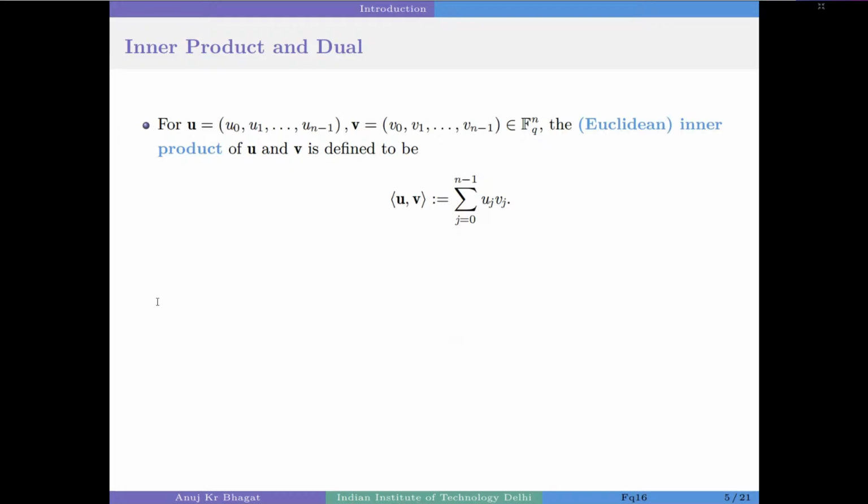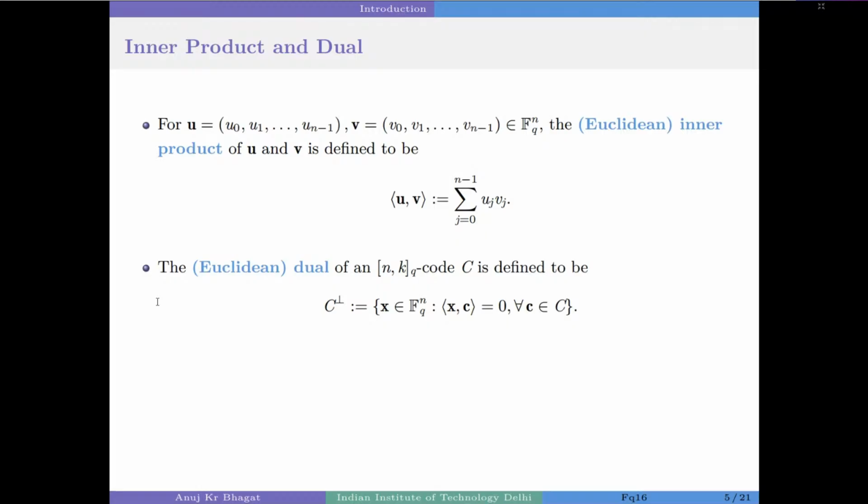And yeah, so this is the notion of inner product and the dual of a code. For two vectors u and v in Fq^n, the Euclidean inner product of u and v is defined to be the summation, j running from 0 to n minus 1, of uj vj, and the Euclidean dual, or simply the dual of an [n, k] code C, is defined to be this.